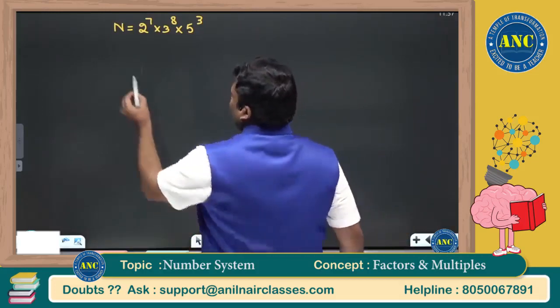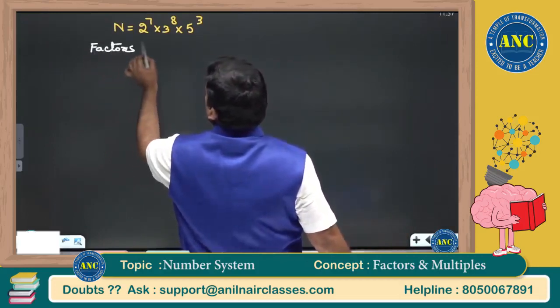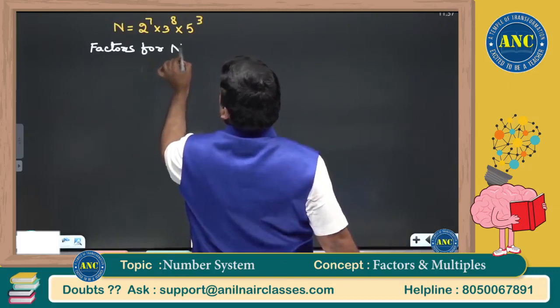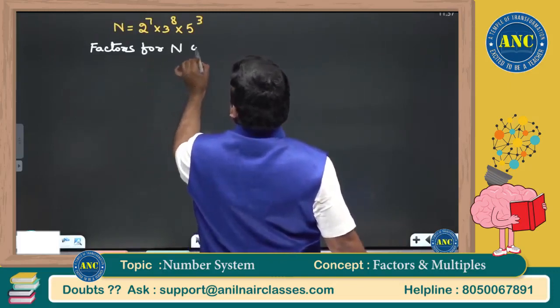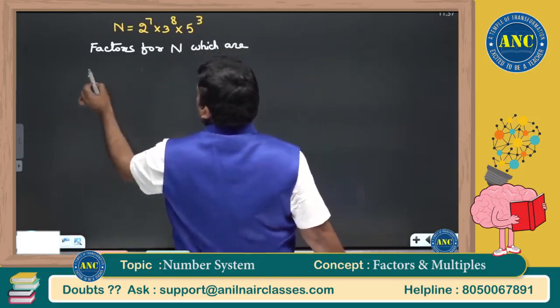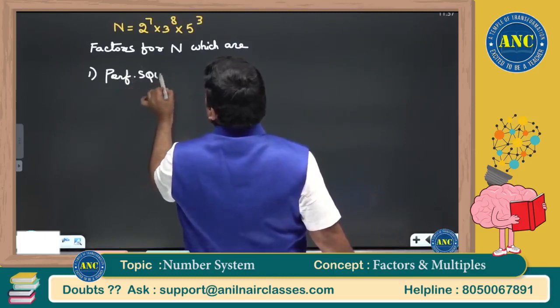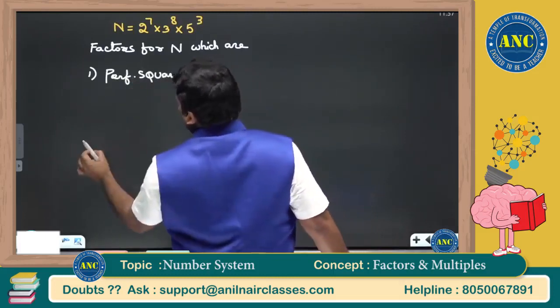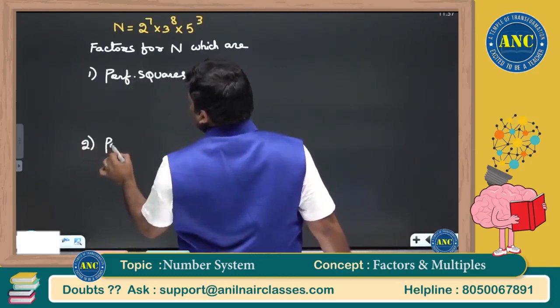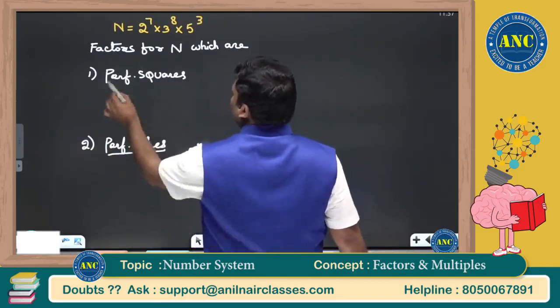We want the factors for N, and we will optimize the number of steps. First one, perfect squares. We want the factors for N which are perfect squares. Next it is perfect cubes.